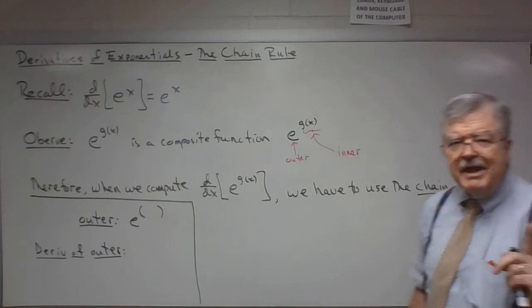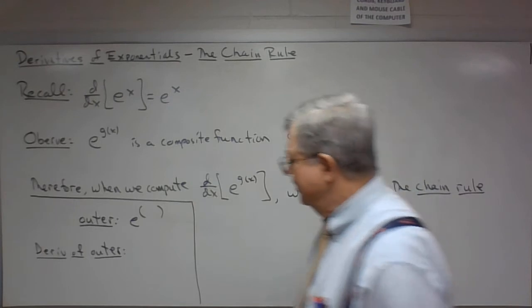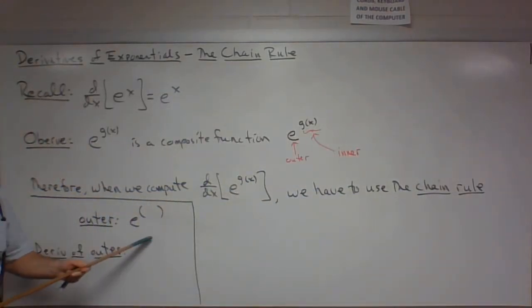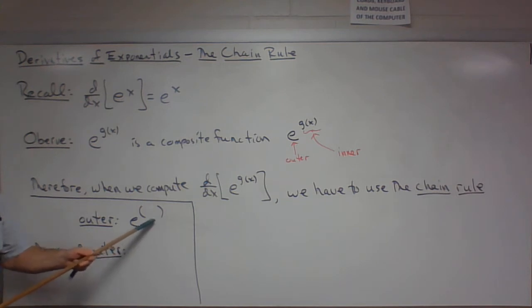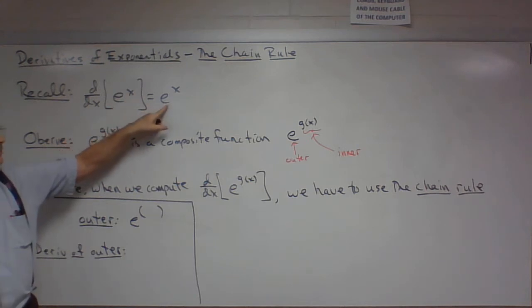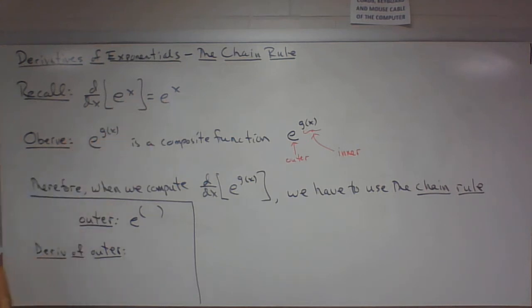To set the stage for using the chain rule, let's make this observation. Our outer function is e evaluated at something. Now we know that the derivative of e evaluated at x is e evaluated at x.